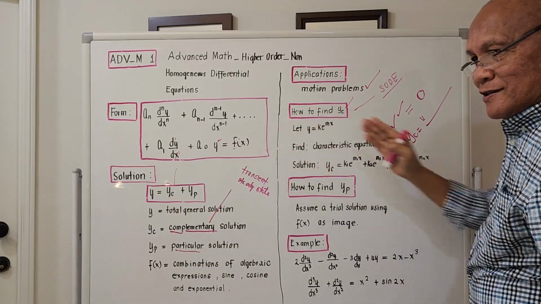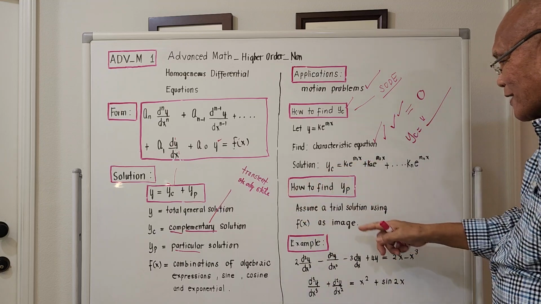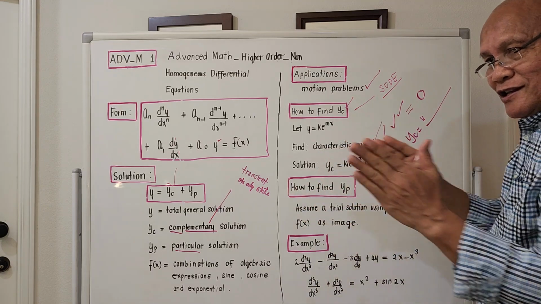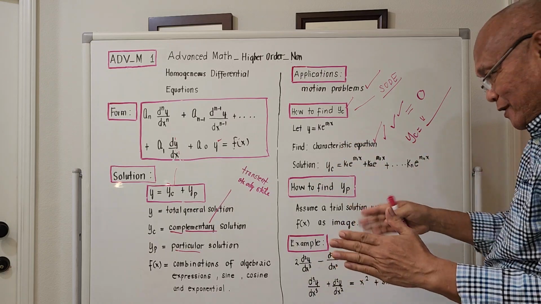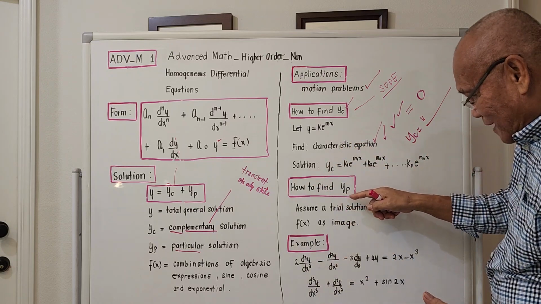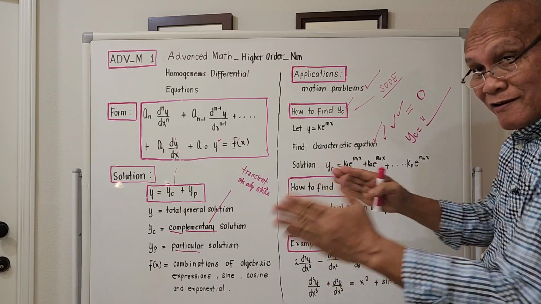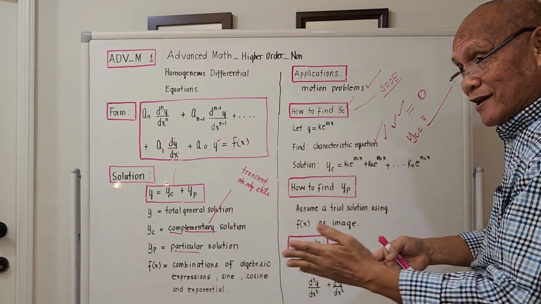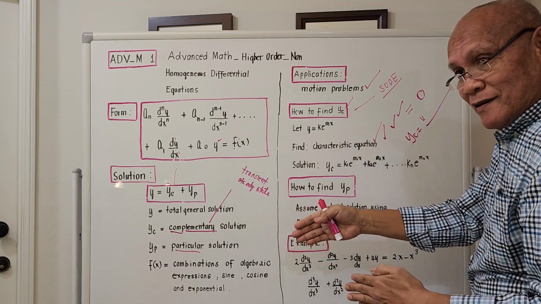If the right hand side is algebraic, our trial solution will be algebraic, right? If there is a sine function, our trial particular solution should be a sine function. If there is a cosine, there should be a cosine, okay?